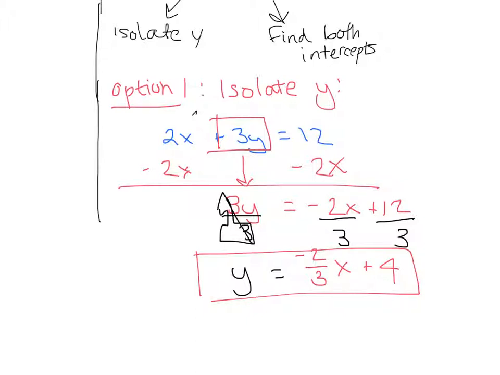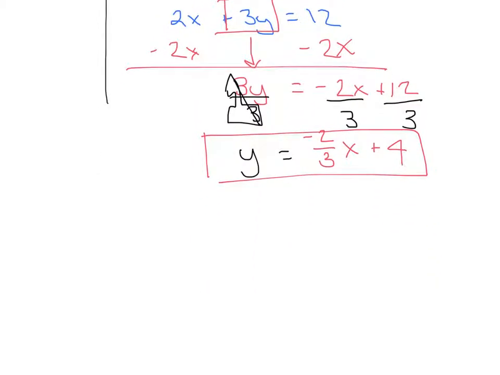So, when we think about option 2, we're going to look for our intercepts. So let me go ahead, I'm going to continue to extend this line. So option 2. Okay, so option 2 allows me to look for my x and my y intercept.